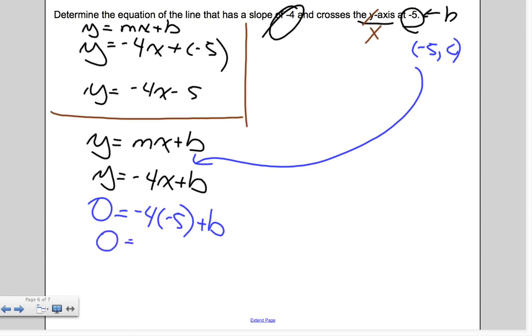Here, -4 times -5 gives us 20, so b is -20. Therefore, y is equal to -4x minus 20.